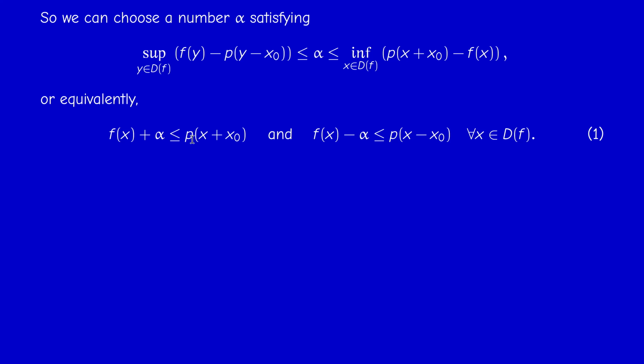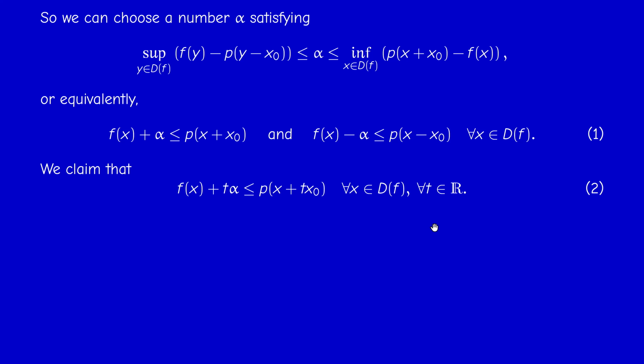Okay, so if you look at this inequality, alpha less than p of x plus x0 minus f of x. So we add f of x, we get f of x plus alpha less than p of x plus x0. And if you look at this inequality, write it f of x minus p of x minus x0 less than alpha, and then subtract alpha and add p of x minus x0, we get this inequality.